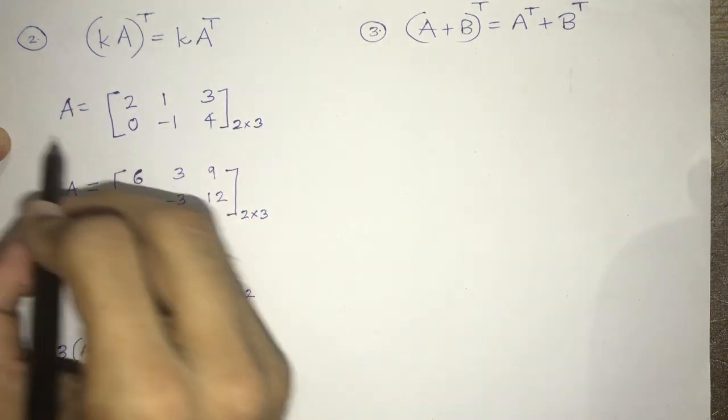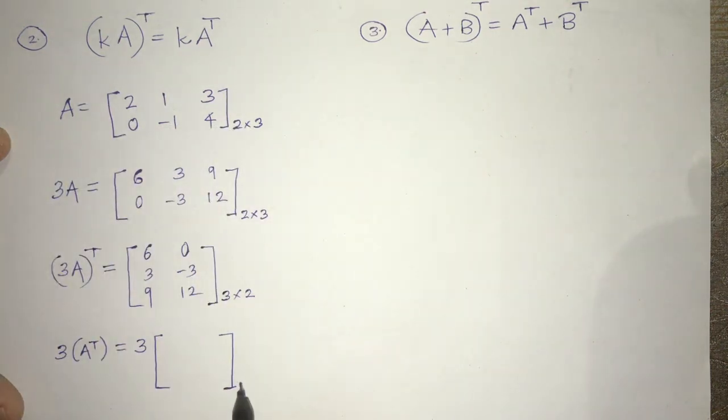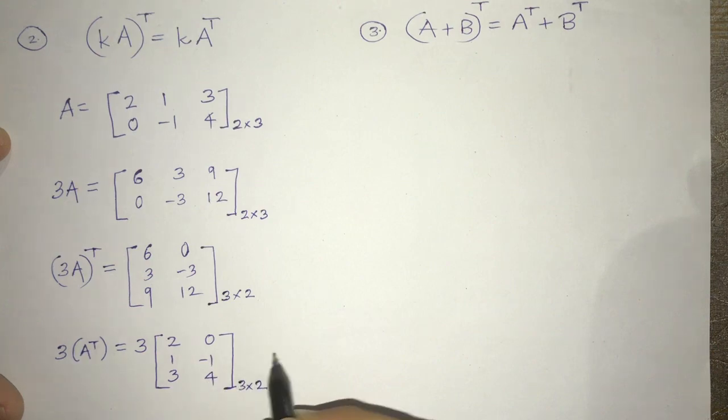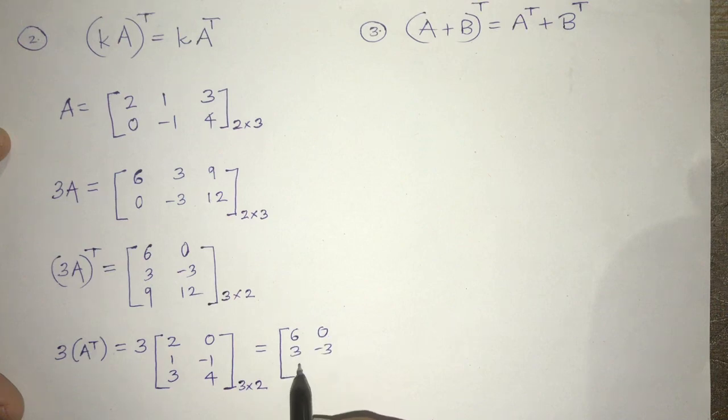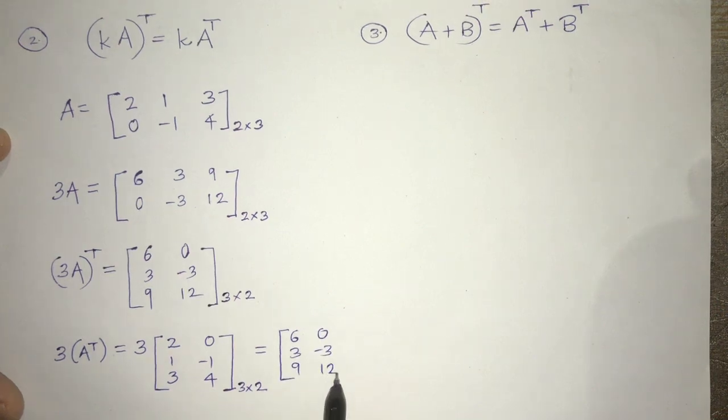We have to take the transpose and then multiply by 3. Taking the transpose, what I am getting is 2 1 3, and next is 0 minus 1 4. When I'm multiplying by 3, what I'm getting is 6 0 3 minus 3 9 and 12. So we get 3 rows and 2 columns.